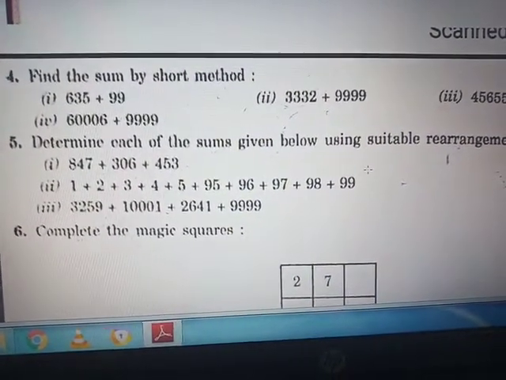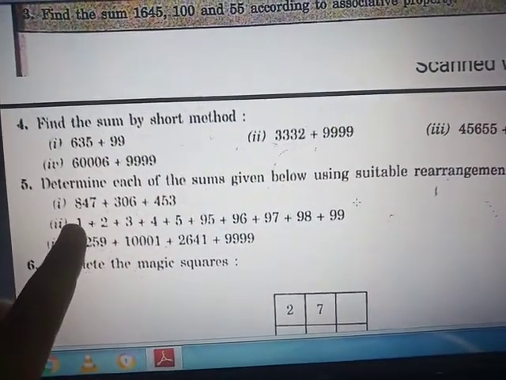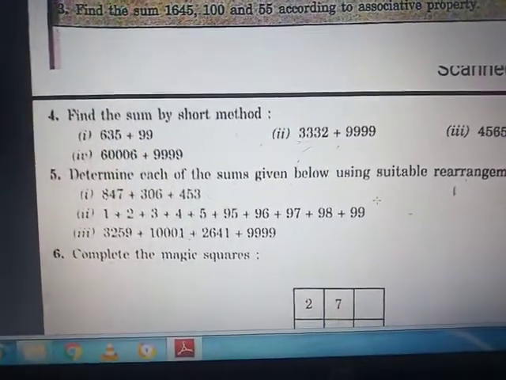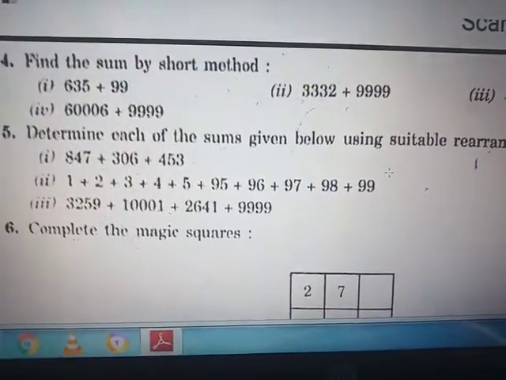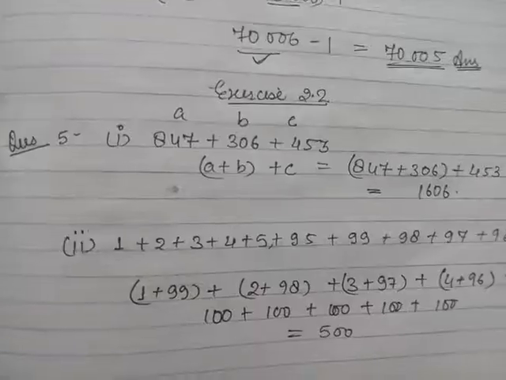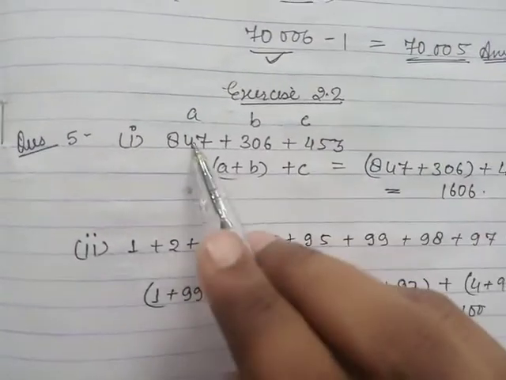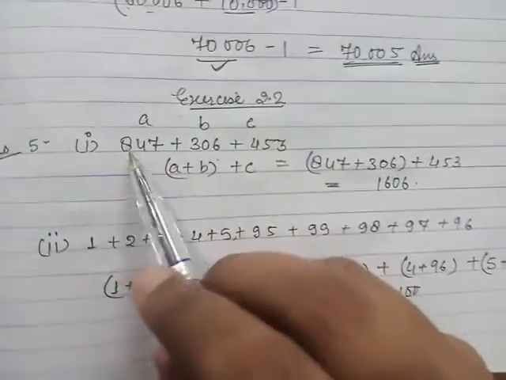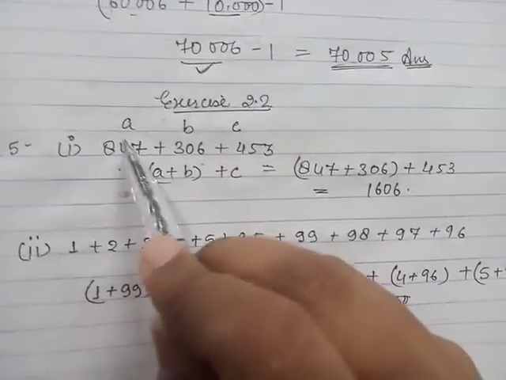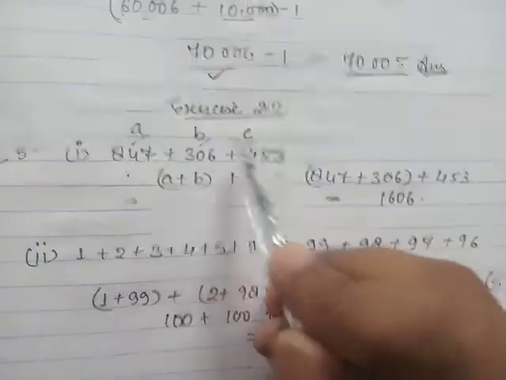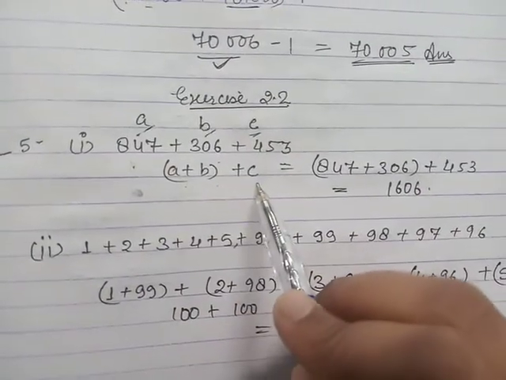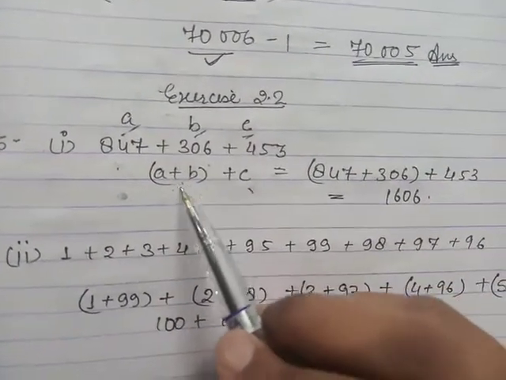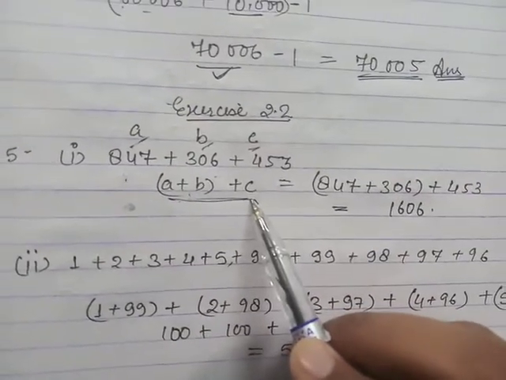The first part is 847, 306 and 453. First we will arrange them using a property, then solve. Suppose this is A, this is B and this is C. So A plus B plus C, we can arrange them this way first, and then solve. Arranging this way uses the commutativity property.